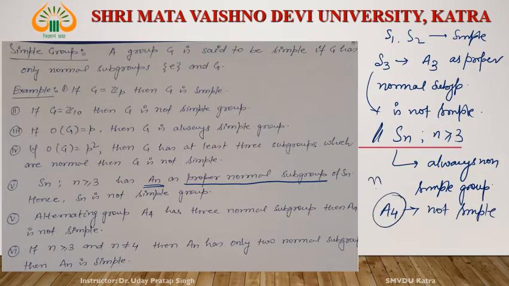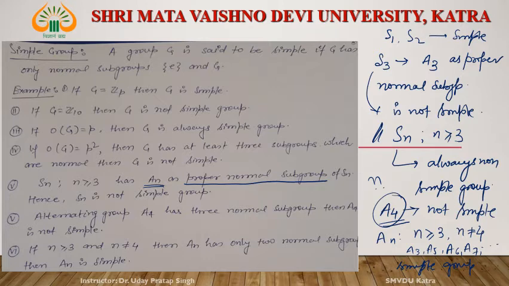Verify it. Here n is greater than or equal to 3, but the condition is that n does not equal 4. Since A4 is not simple, A3, A5, A6, A7 and so on are all simple groups.